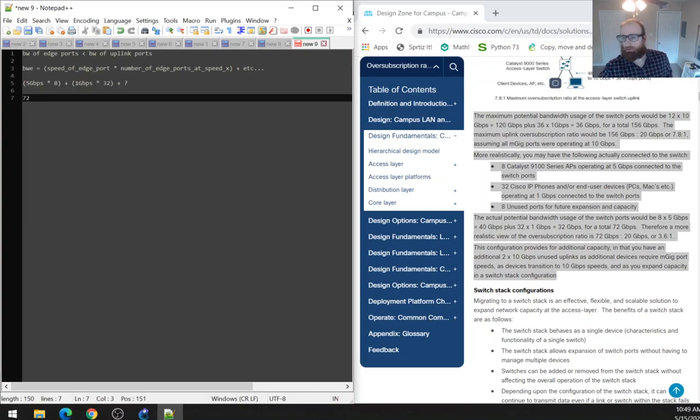The actual potential bandwidth usage of the switch ports would be 8 times 5 gigabits per second, plus 32 times 1 gigabit per second. So that would equal 72 gigabits per second. That's exactly what I had.